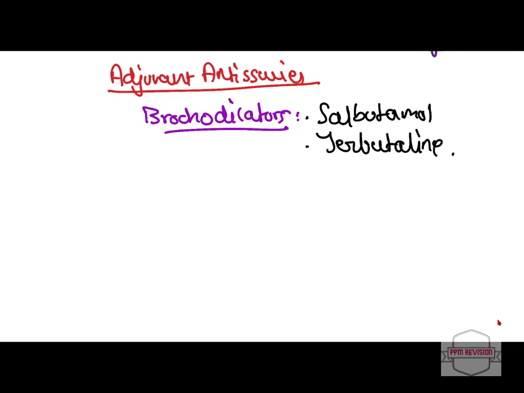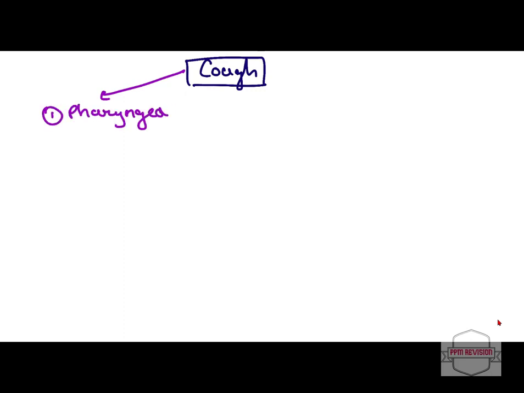Okay, so we are done with cough. So now let me just give an outline of what we have covered. So basically, cough, the categories are pharyngeal demulcents. Okay, the second one being expectorants.